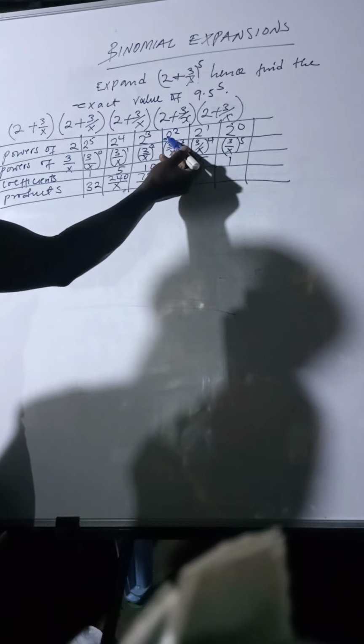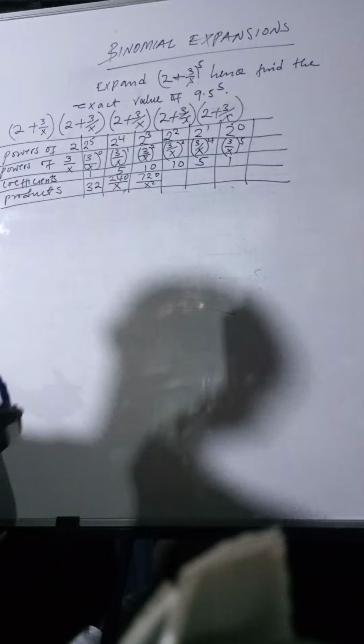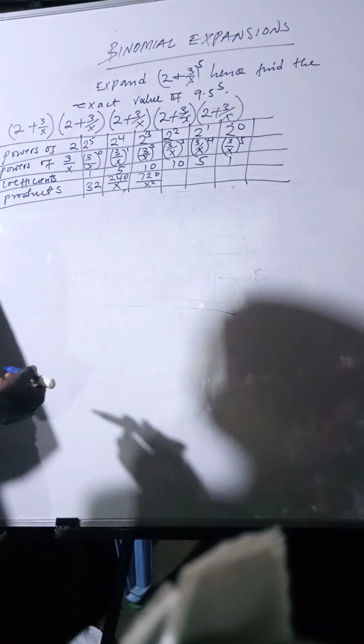Here 2 raised to the power 2 is 4 by 10 is 40. Then 3 raised to the power 3 is 27. Now if you multiply that, you'll find that it is 1080 over x raised to the power 3.